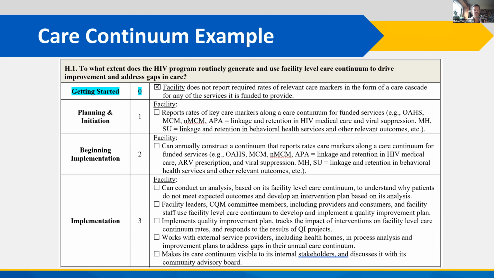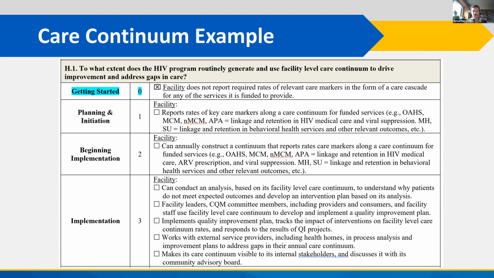Here's the example of how the care continuum, domain H, was revised. To what extent does the HIV program routinely generate and use facility level care continuum to drive their improvement and address gaps? That wasn't revised. What was revised was what we're talking about in terms of what care continuum. So look at a score of 2 here.